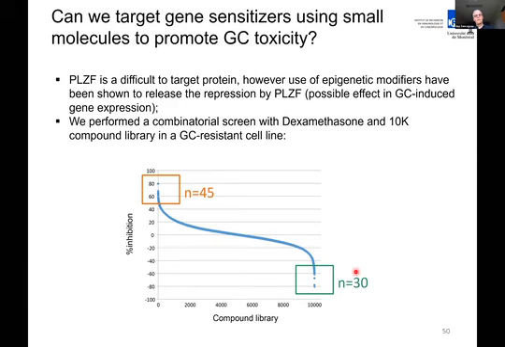So we performed a combinatorial screen with DEX and a 10,000 compound library that we obtained from a pharma partner in a glucocorticoid resistant cell line. And lo and behold, we were able to find small molecules that synergistically enhance the impact of dexamethasone and others that block the impact of DEX on this line. But that's where we stand with this project.